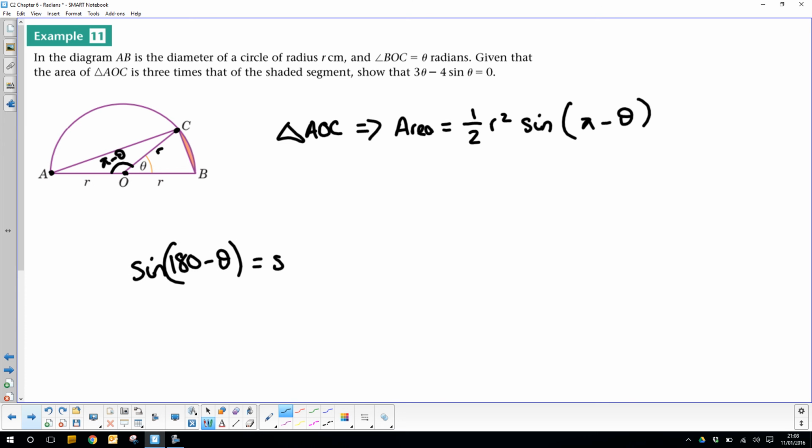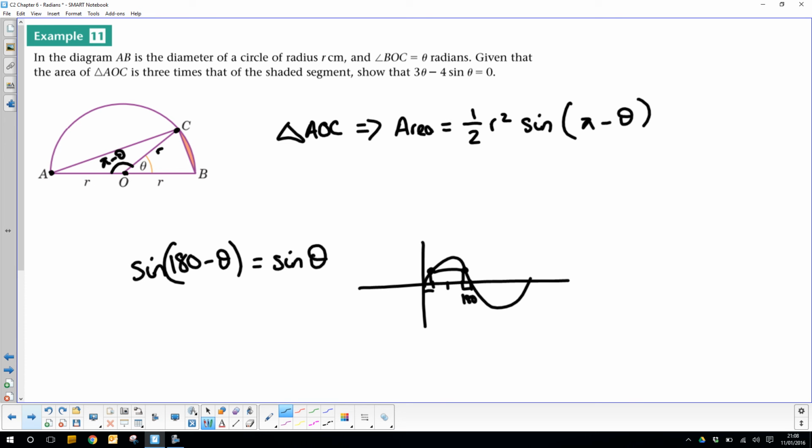And you can think of that in many different ways. If I was to very quickly draw this, it would be a dreadful sine curve. But if we were to pick an angle, say here, and an angle, say here, they should both give us exactly the same value, as 180 minus theta would be the same as theta itself.